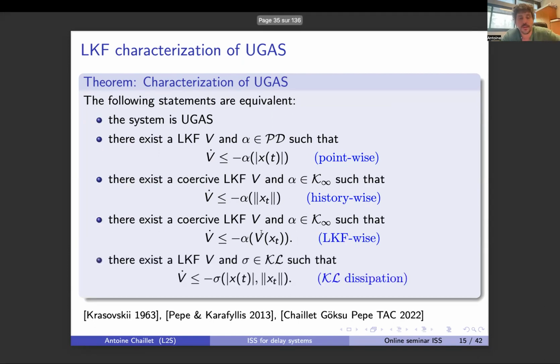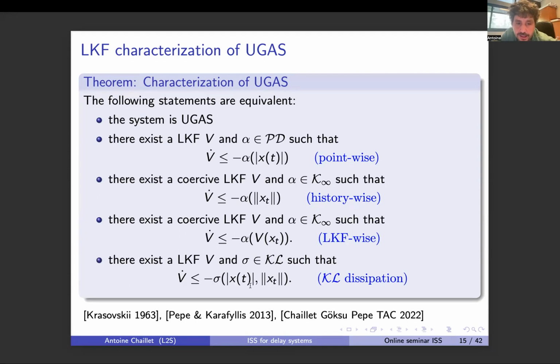And finally, this is more our contribution. It's the same as requiring that you have this KL dissipation, meaning a negative term which is a KL term of the current solution and the history norm. So you see that it's very similar to this pointwise dissipation, but it's even weaker in the sense that this dissipation rate can be very small when x_t gets large, because x_t can be very large as compared to x of t.